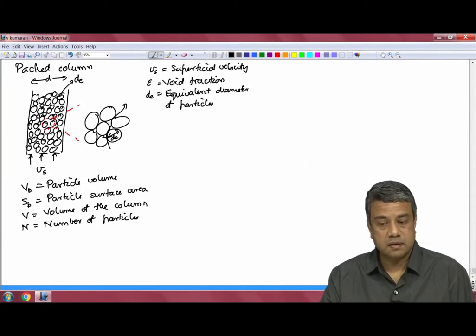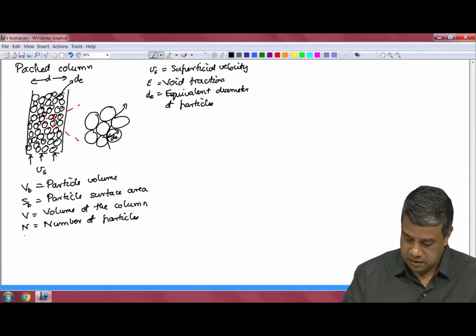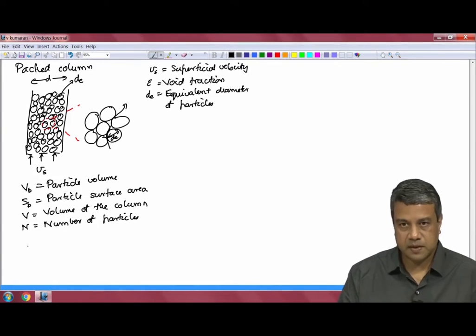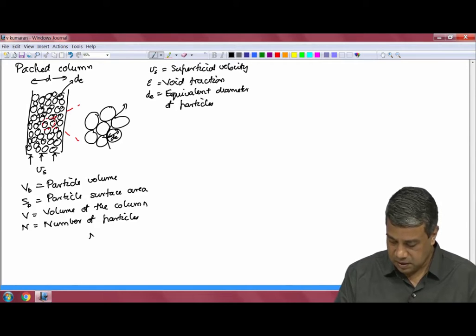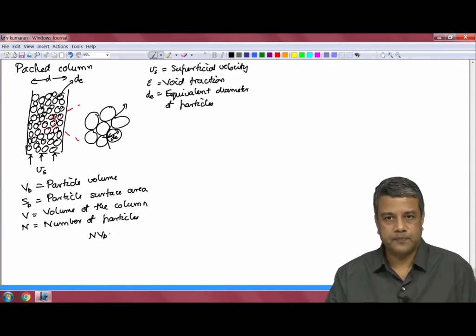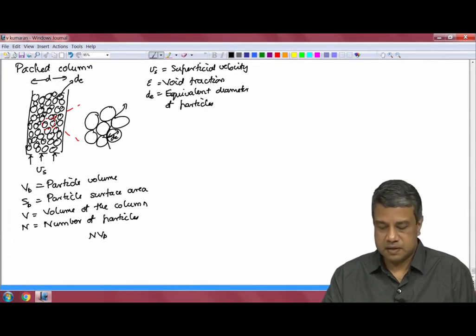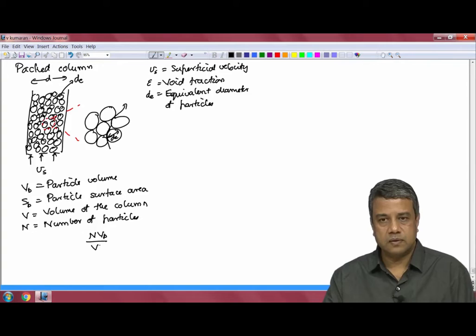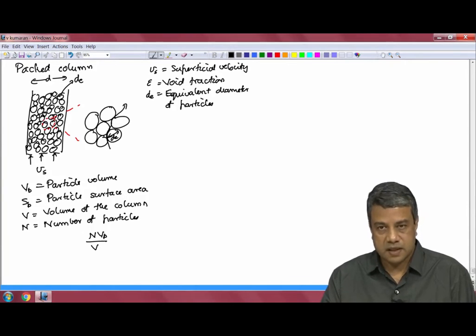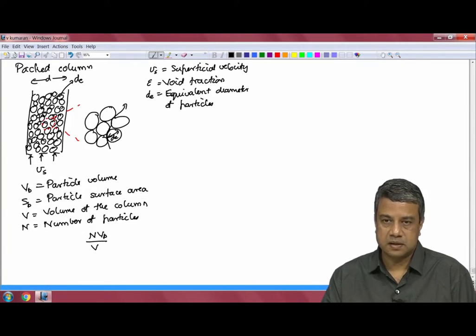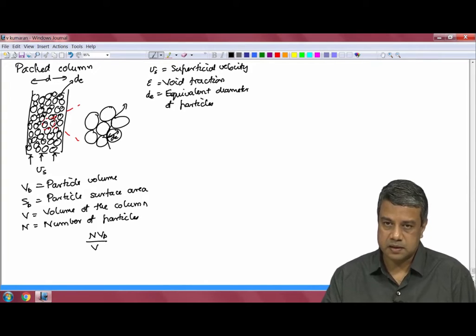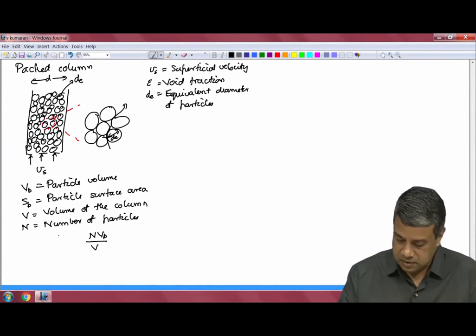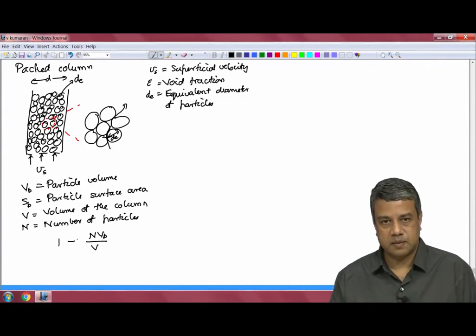So, what is the void fraction? The volume occupied by particles is N times Vp. That is divided by the total volume is equal to the fraction of the volume that is occupied by particles, the volume fraction occupied by particles. The void volume fraction is 1 minus the volume fraction occupied by particles.